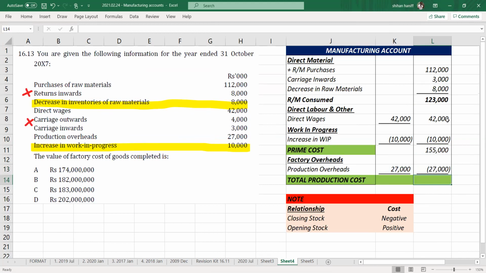Production overheads 27,000. So the total production cost will be 182,000.